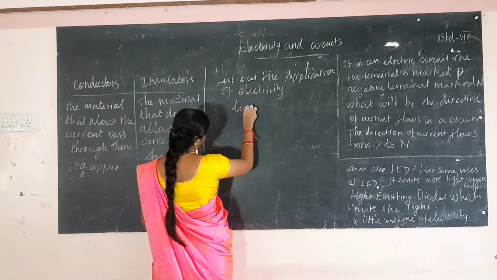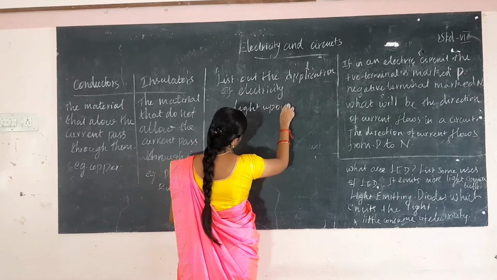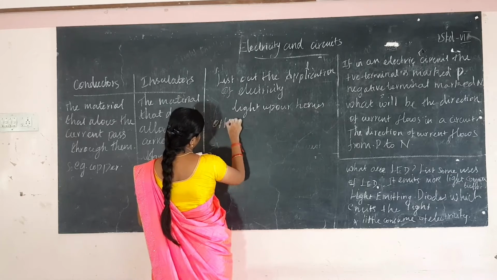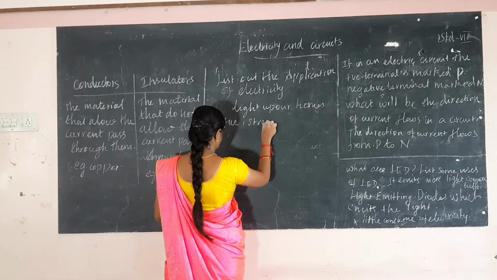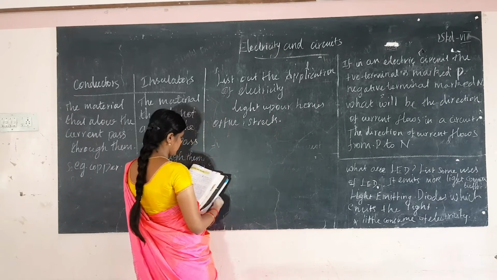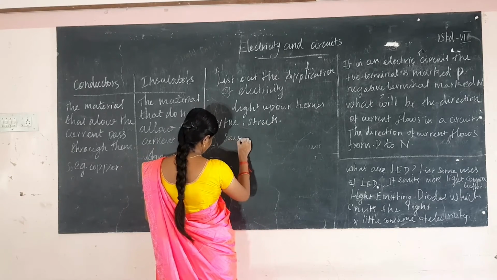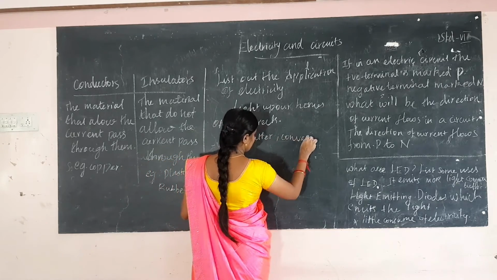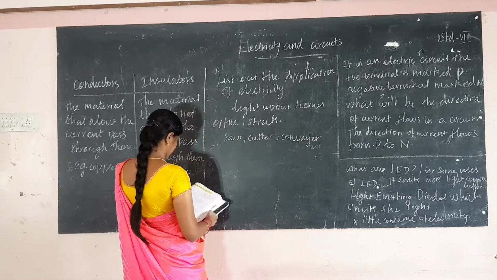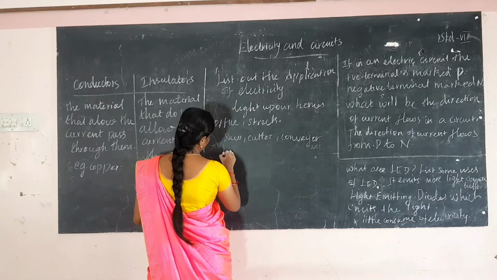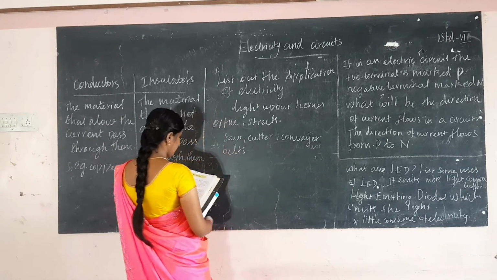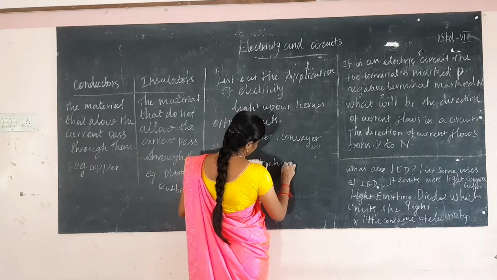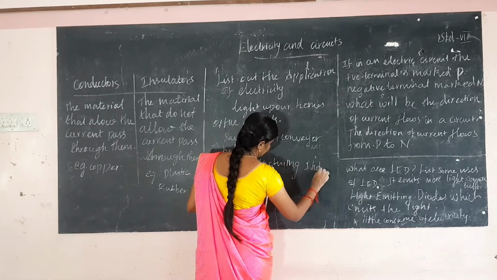It lights up our homes, offices and streets. Electricity drives saw cutters, conveyor belts and bulbs. It is useful for functioning of manufacturing industries.